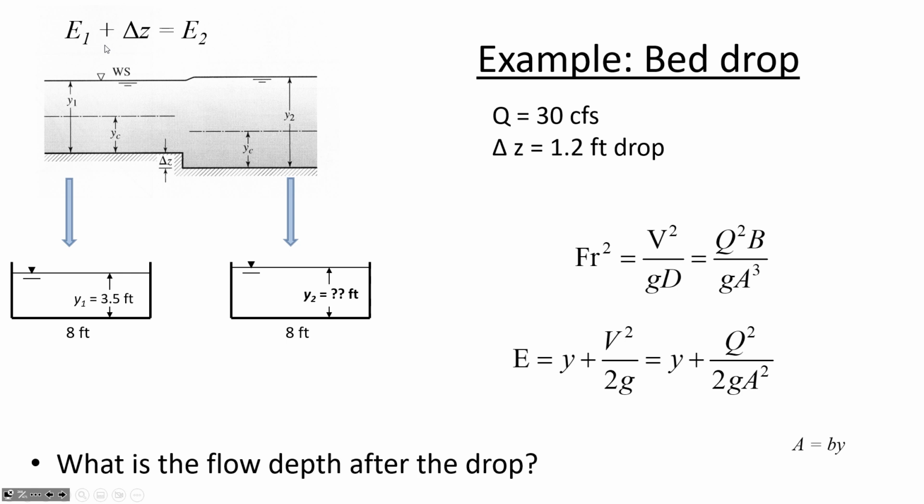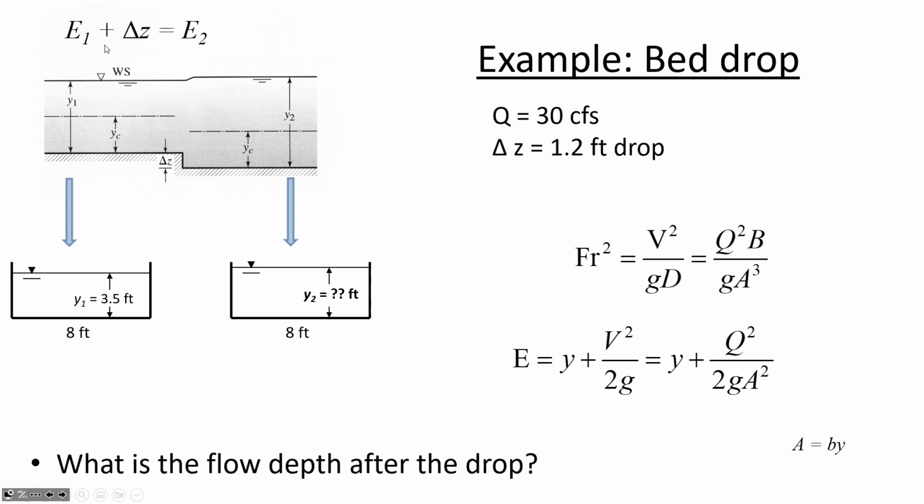On the left-hand side, I expressed the velocity head term in terms of v. On the right-hand side, I express the velocity head in terms of the flow rate and the area, because it's going to involve an unknown depth at y2. Specifically, A at location 2, A2, is just y2 times 8.